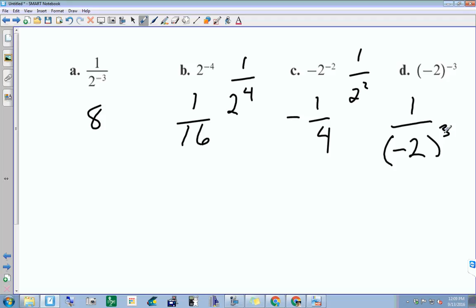If nothing else, use your graphing calculator for that. So it's going to be 1 over 8. Now, is this going to be positive or negative? Negative. Well, how many negative signs would there be? There'd be 3 of them, so a negative times a negative is a positive, times another negative gives us negative 1 over 8.